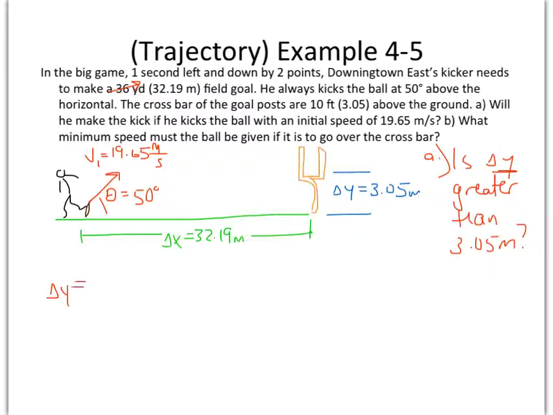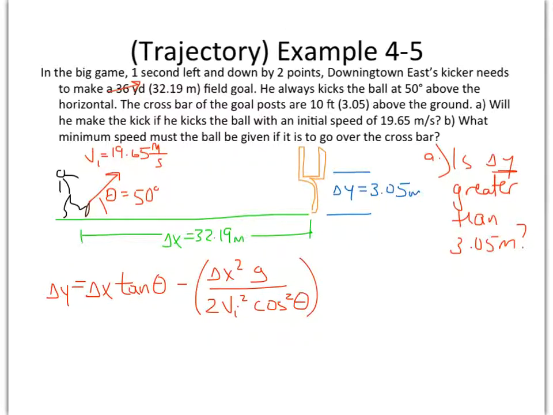Delta y equals delta x, the x displacement, times the tangent of theta, minus the quantity delta x squared times g, acceleration of gravity, divided by 2 initial velocity squared times the cosine squared of theta. Cosine squared of theta, what does that mean? Well, that's really like saying cosine of theta, squared. That's really saying that right there.